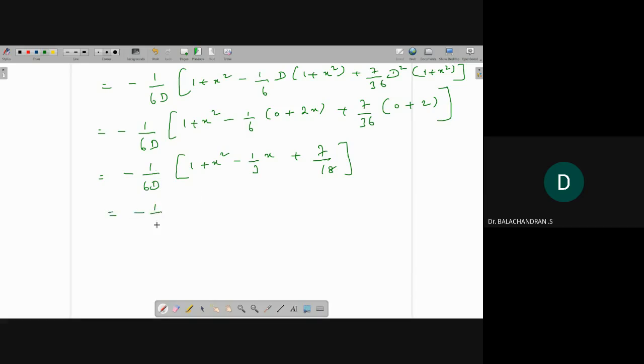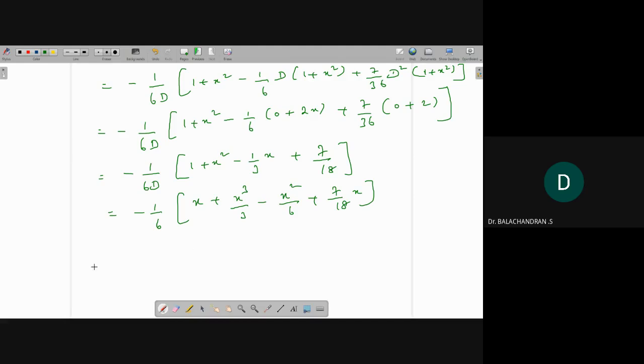So minus 1 by 6. To integrate this, we'll get x plus x cube by 3 minus x square by 2 into 3, that is 6, plus 7 by 18 into x.